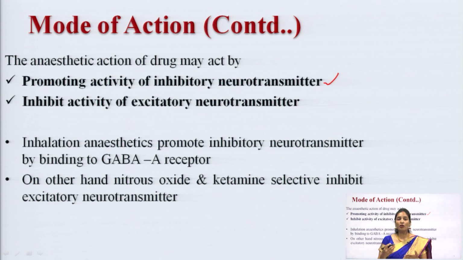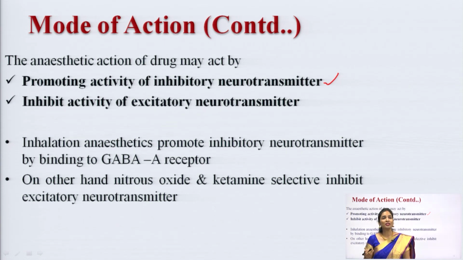The excitatory neurotransmitter is responsible for pain induction. So, we have to decrease the pain, we have to relieve the pain. This is the reason why you have to block or inhibit the excitatory neurotransmitter. To produce the analgesic action and the sedative action, we have to promote the inhibitory neurotransmitter. So, the general anesthetic drugs mainly concentrate on inhibiting the excitatory neurotransmitter or promoting the inhibitory neurotransmitter.